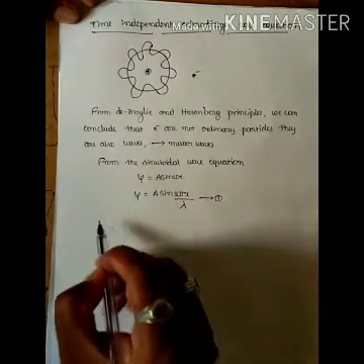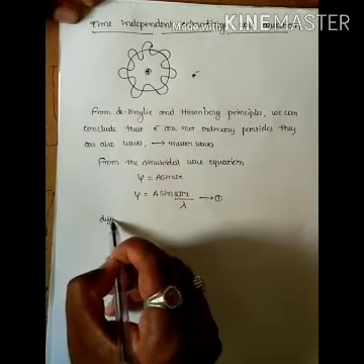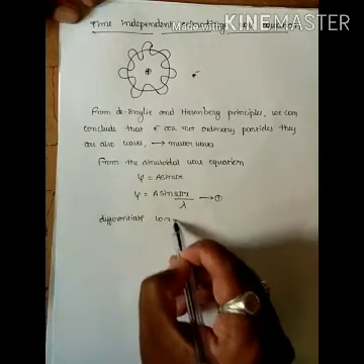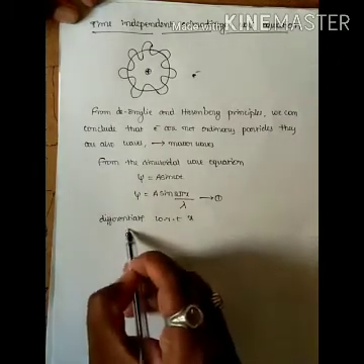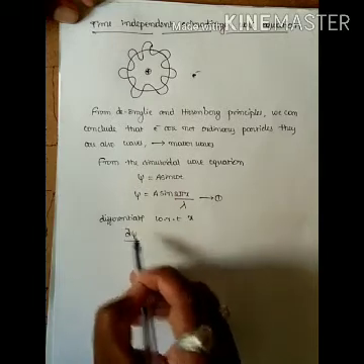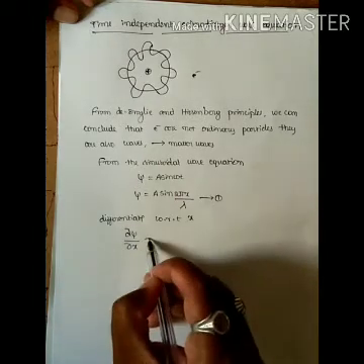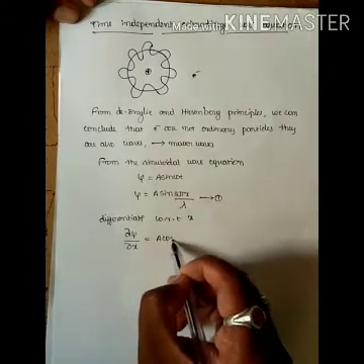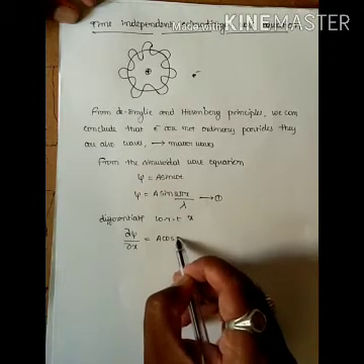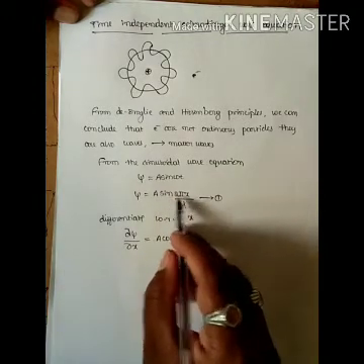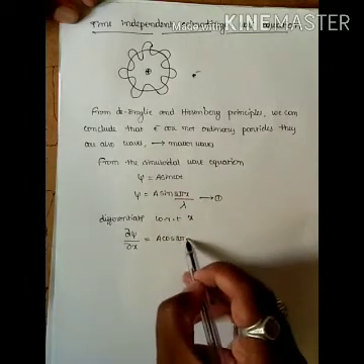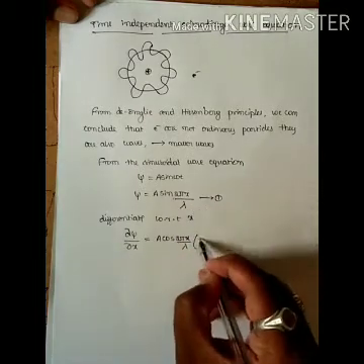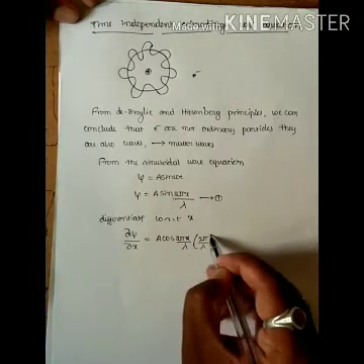Now let us differentiate the equation with respect to x, so that dou psi by dou x equals a cos 2 pi x by lambda, and again the differentiation of 2 pi x by lambda is 2 pi by lambda.